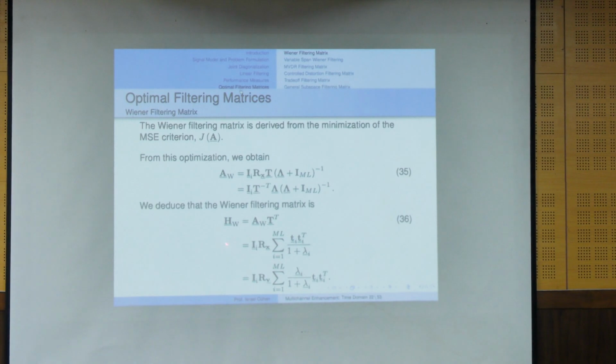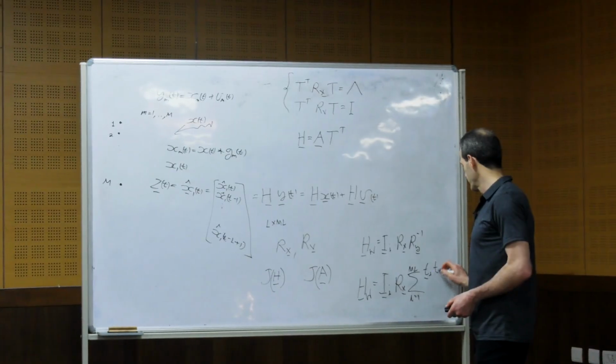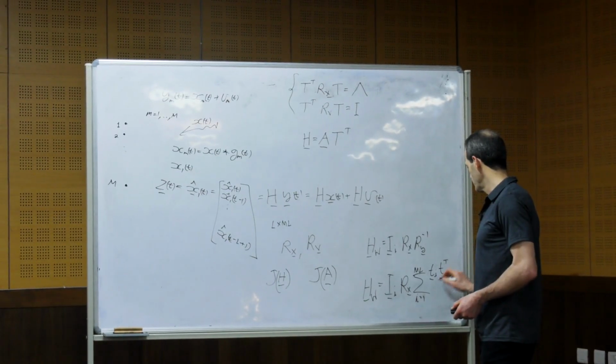We got it as I_i Rx, summation from i equals 1 to ML, of t_i, which is the i-th column in the matrix T, t_i transpose divided by 1 plus lambda_i.